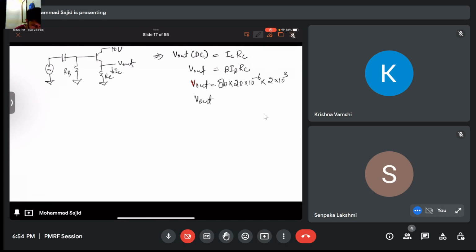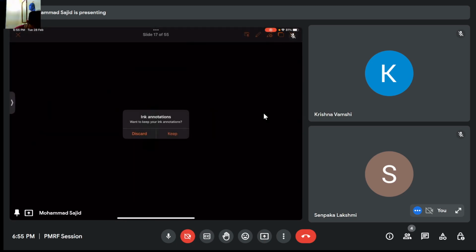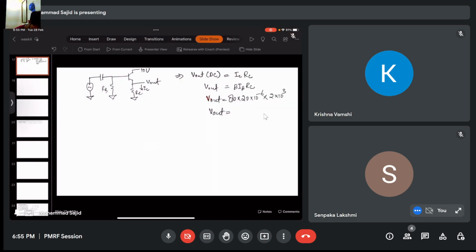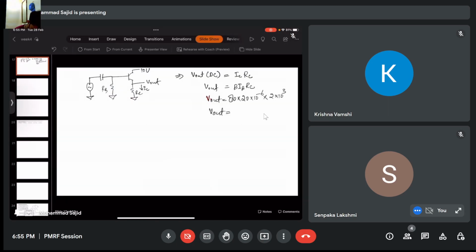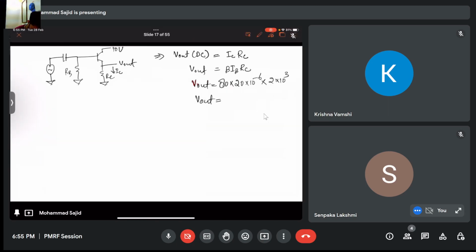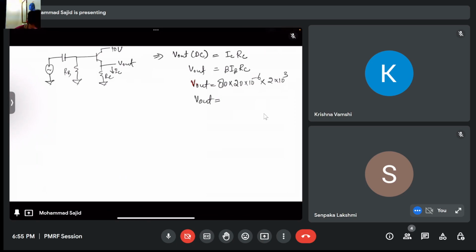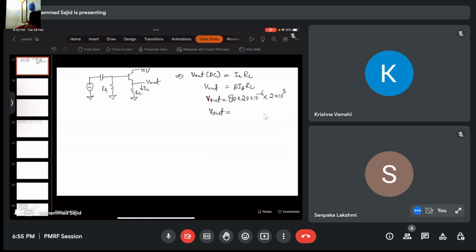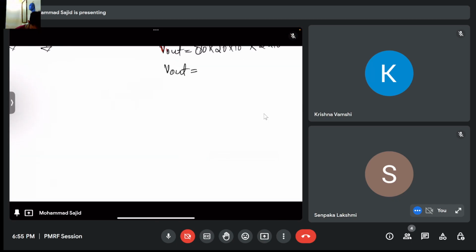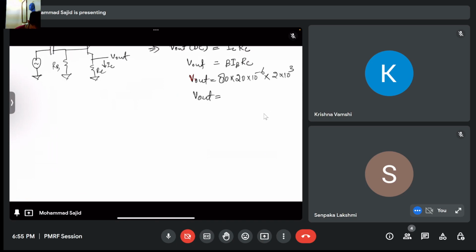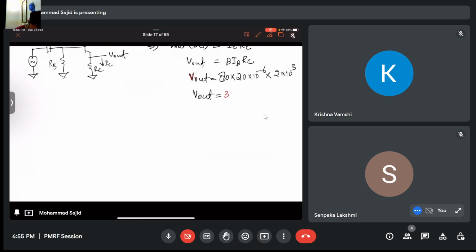So V output will come out to be 3.2 volt.